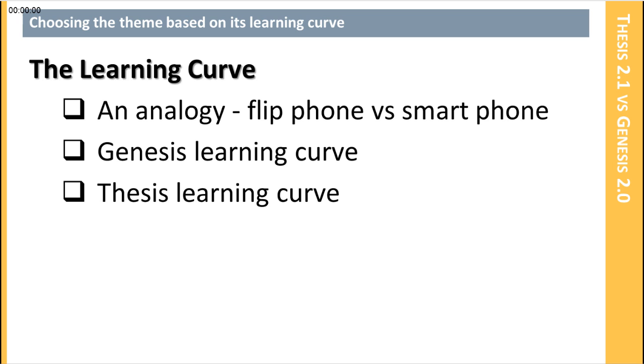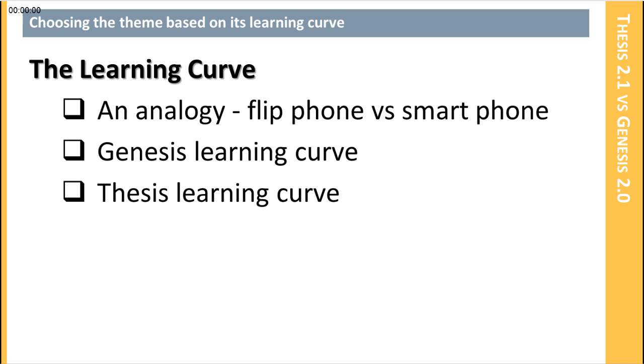On the other hand, a smartphone can just about do anything. And so any new thing you want to do with your smartphone means you're going to have to learn something new. And so the learning curve for a smartphone is considerably larger than the learning curve for a flip phone. Well, that analogy I think is instructive in some way between Genesis and Thesis. Because for most Genesis users, the number of changes that the typical Genesis user can make are very limited.